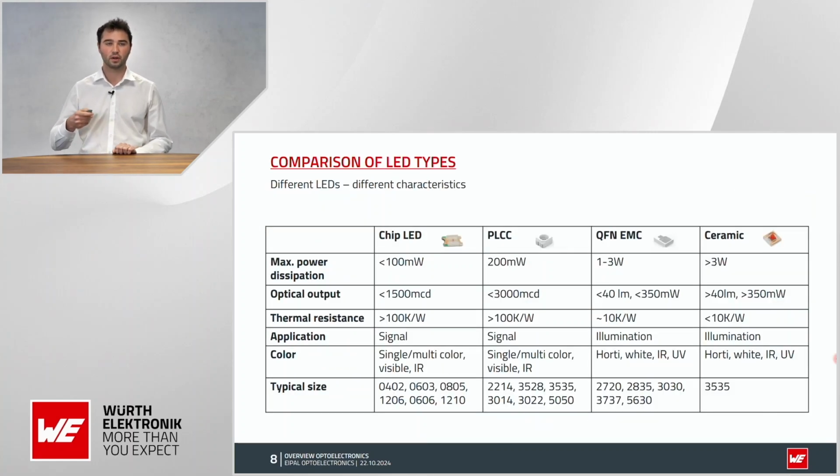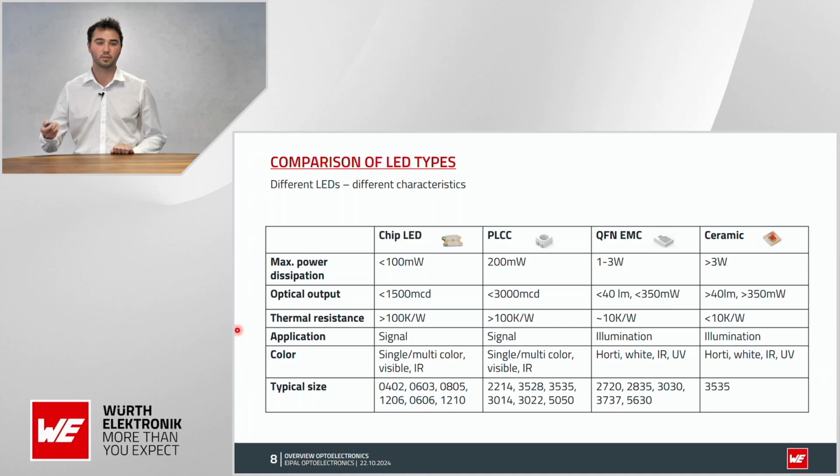Here I want to show a comparison of the different LED types. What you see, I showed you the chip LED, PLCC, EMC and ceramic. The difference here is the maximum power you can use and of course the different optical output. The chip LEDs have a low electrical and optical power. So when do you use this?